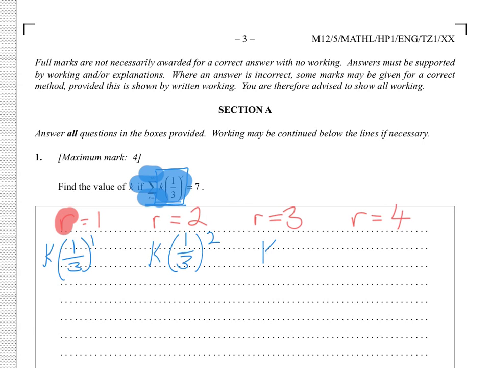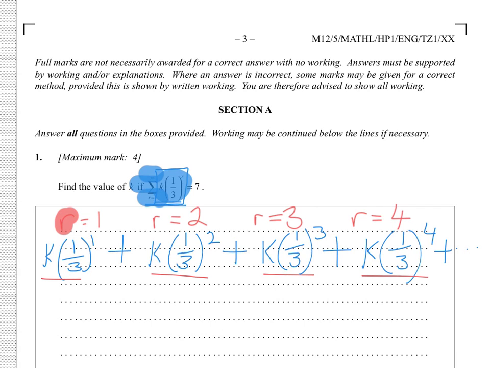When r is 3, it's k times a third cubed, and when r is 4, k times a third to the 4, and so on. And what the sigma means is that we're adding up each of these things. And now it should be even easier to recognize that it's a geometric series, because each term in this series is just the previous one multiplied by 1/3.